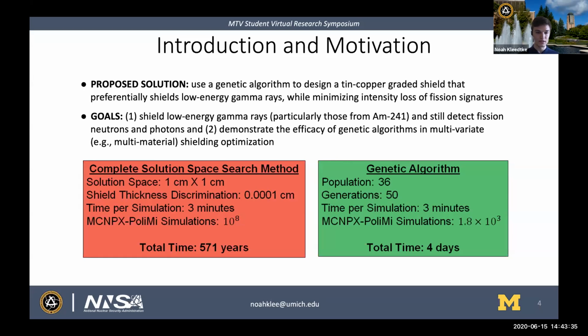In summary, for the last couple slides, the two main goals that we had for this project were to design the tin copper graded shielding to shield the low energy gamma rays, particularly those from americium-241, while still being able to detect the fission neutrons and photons. And then number two is to demonstrate the efficacy of genetic algorithms in multivariate shielding optimization.